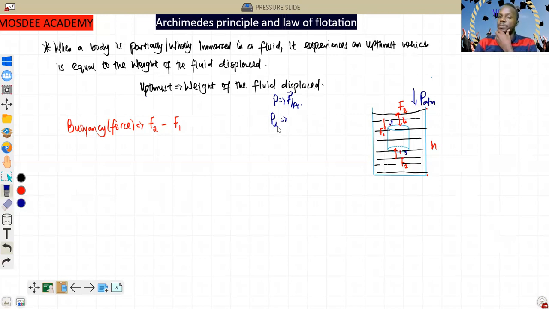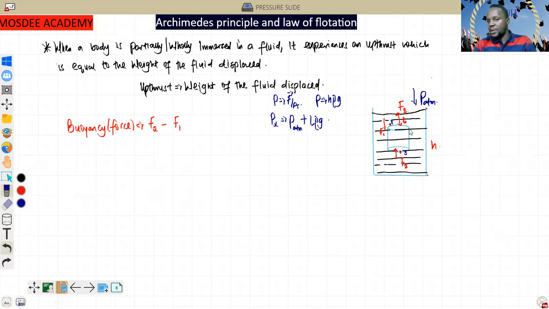So the pressure at X will be P atmospheric plus, please listen, the height from here to here, h rho g, which should be our pressure formula. You know that. But at this point, the height we use here is L. So my height here is L, then rho g. That is the pressure at X.